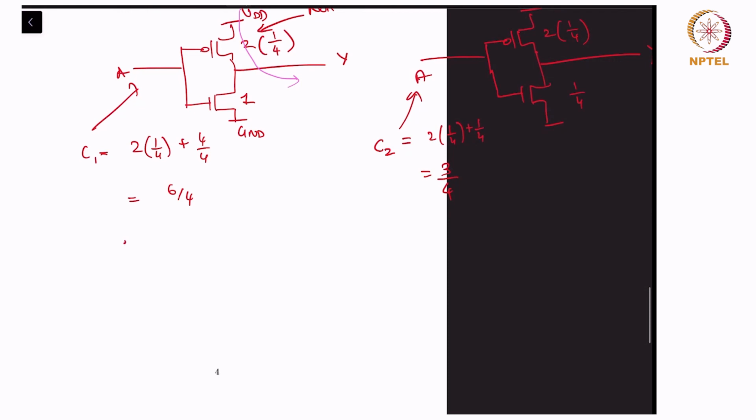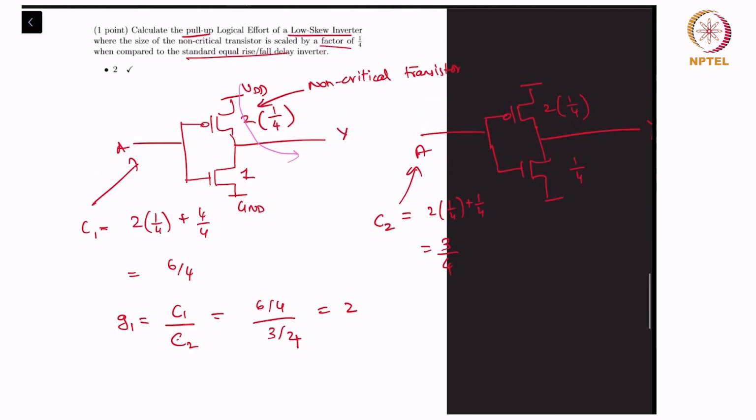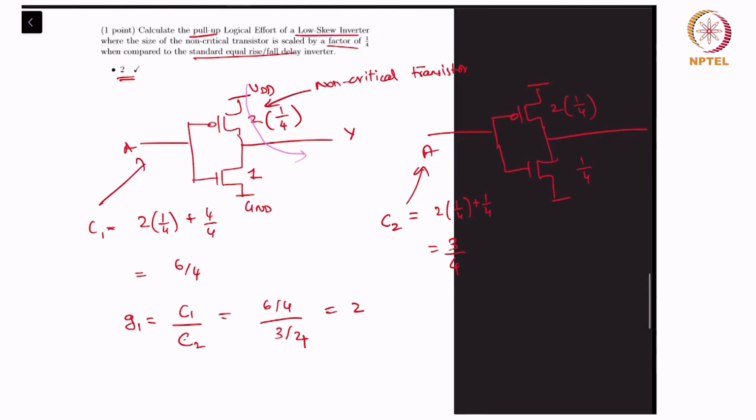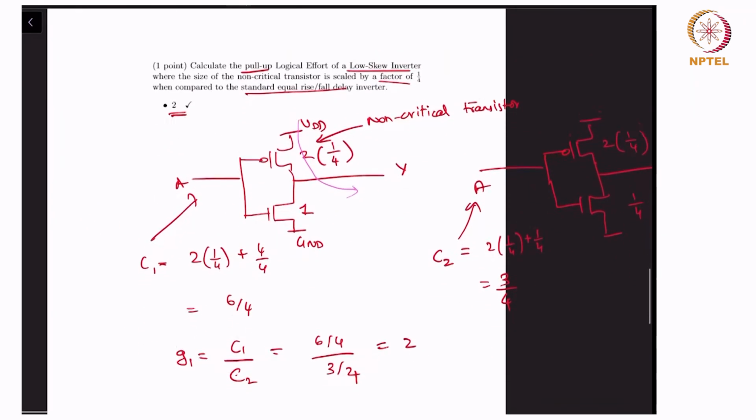So G1 will be equal to C1 by C2, which is 6 by 4 over 3 by 4, which is 2. And those were the solutions to assignment 7.